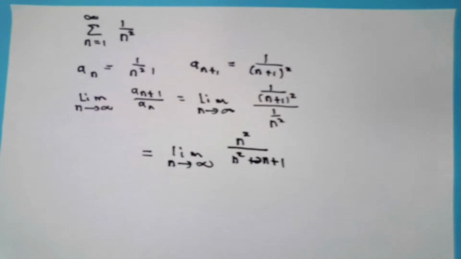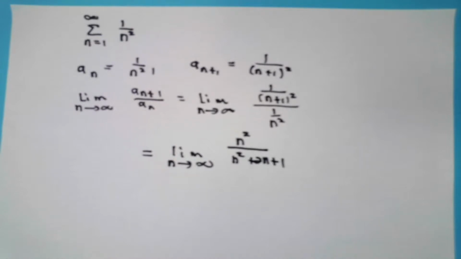Writing out the fractions of fractions, simplifying, and then remembering that n plus 1 quantity squared is n squared plus 2n plus 1, it's not difficult to see that the limit is going to be the limit of n squared over n squared plus 2n plus 1.